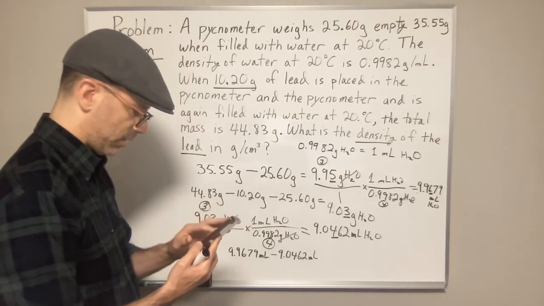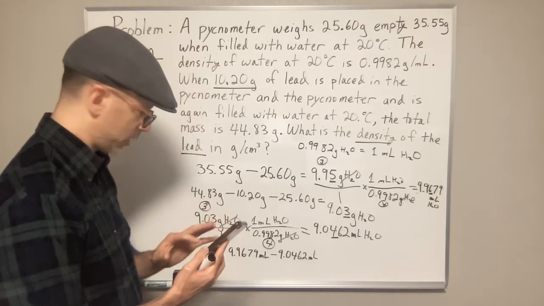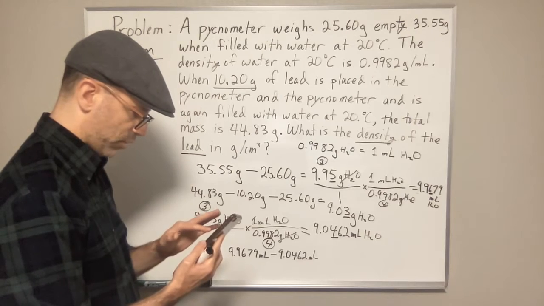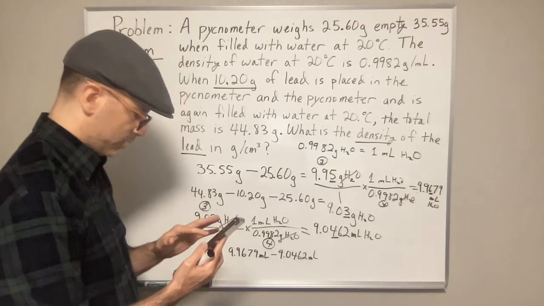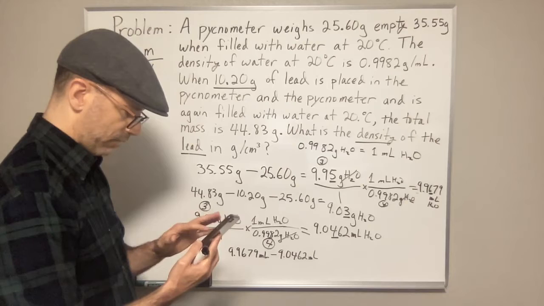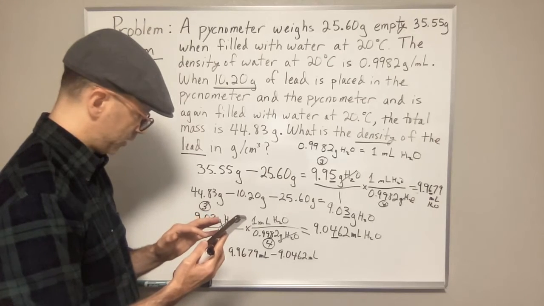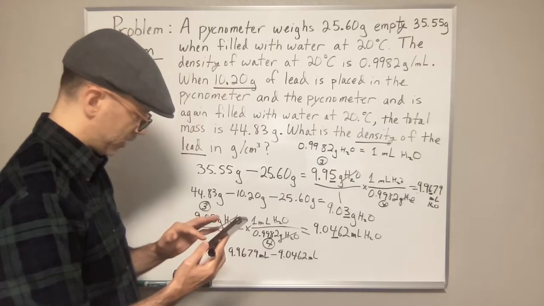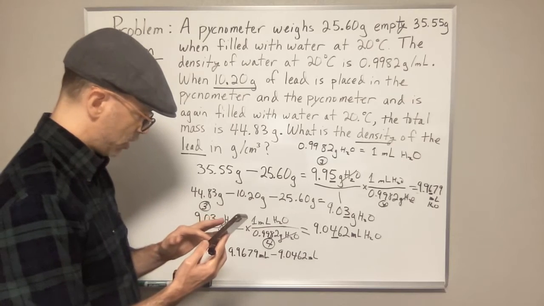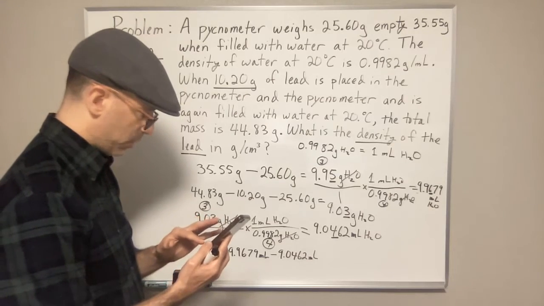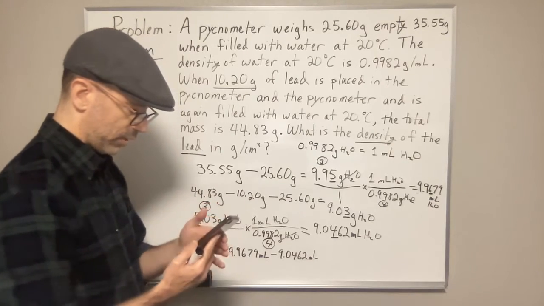No, I did that wrong. I added when I should have subtracted. So 9.9679 minus 9.0462 equals, okay, that looks better.